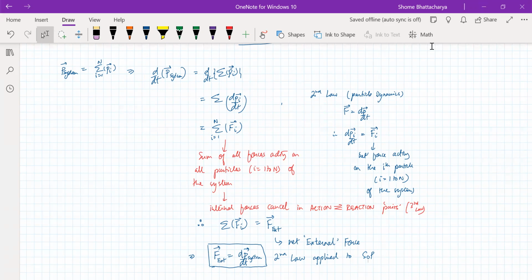But if the net external force on that molecule is zero, then the momentum of that molecule will remain conserved. Similarly, collisions are examples of situations where momentum is conserved for the system, because as one object collides with another, there's only an internal action-reaction pair of forces, and there's no net external force.